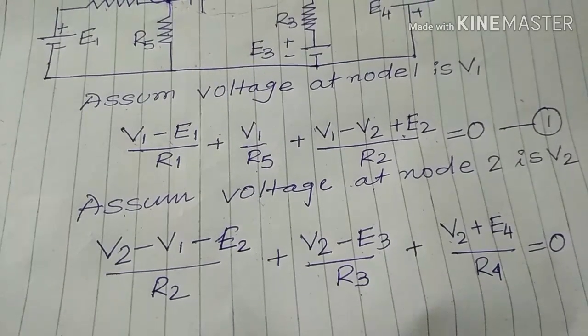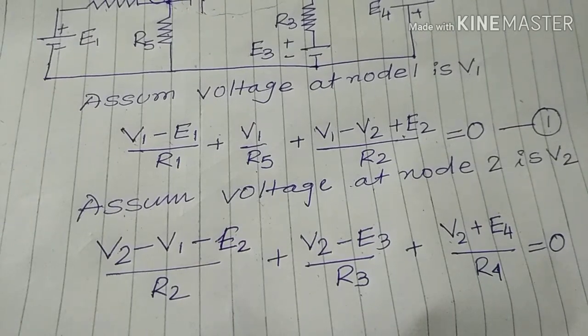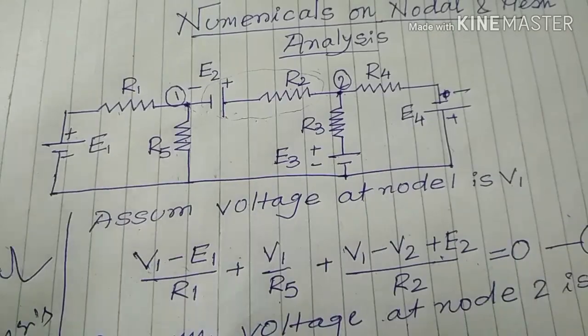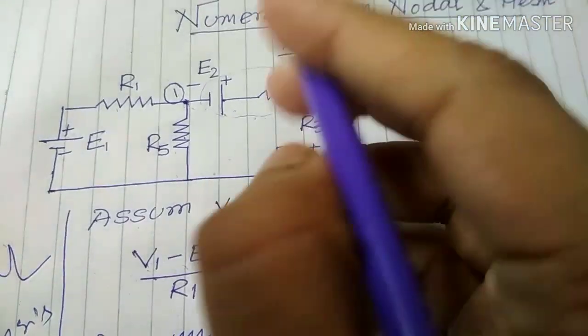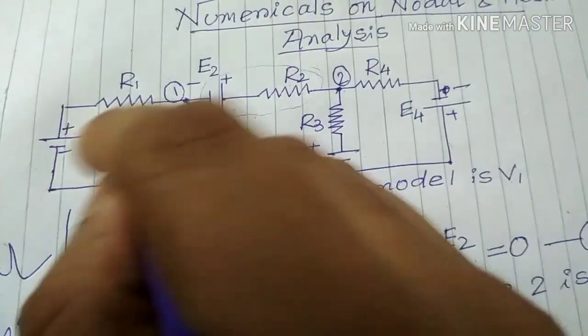So now I am going to discuss mesh analysis from this circuit diagram. For mesh analysis, we consider three meshes. This is mesh one, this is mesh two, and this is mesh three. But there are various loops.